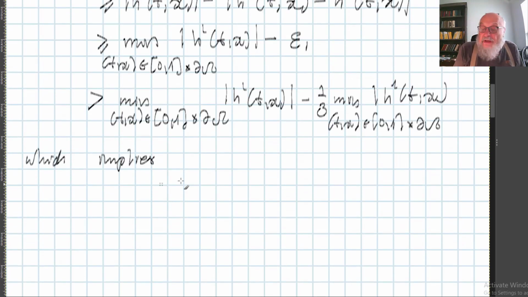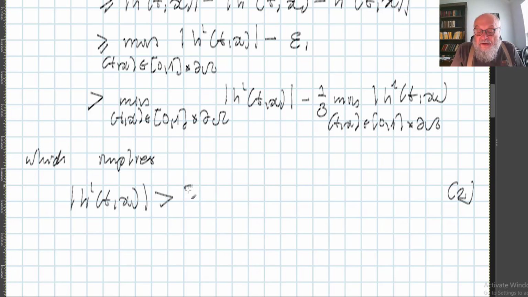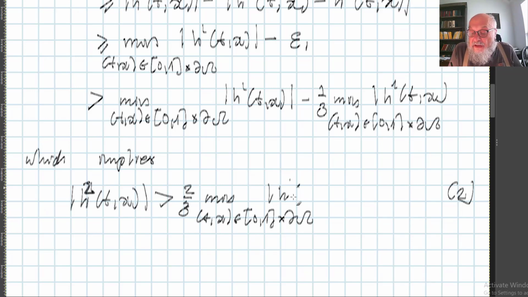Which implies, call this formula 2, that the absolute value of H2(t,x) is strictly larger than 2/3 of the minimum over (t,x) belonging to [0,1] times the boundary of |H1(t,x)|, which by condition 1 is definitely larger than 0.